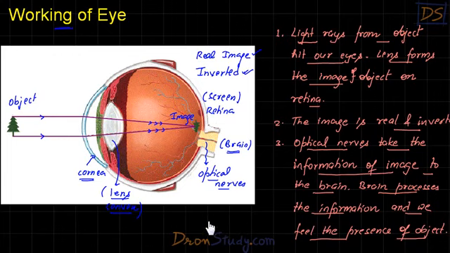We'll see the entire working in more detail also, but this is the basic working. There is an object, light rays from that object hit the lens and form an image on the retina, then these optical nerves take this information to the brain, then the brain can do a lot of things, due to which we feel that okay, there is an object in front of us and we see the object.